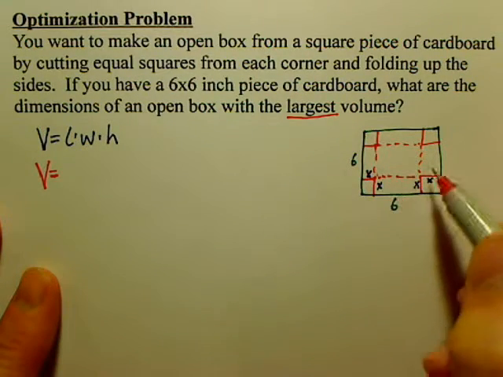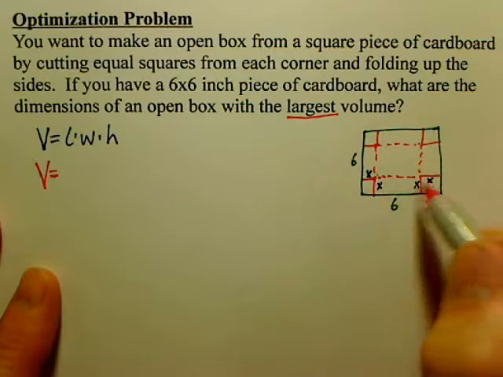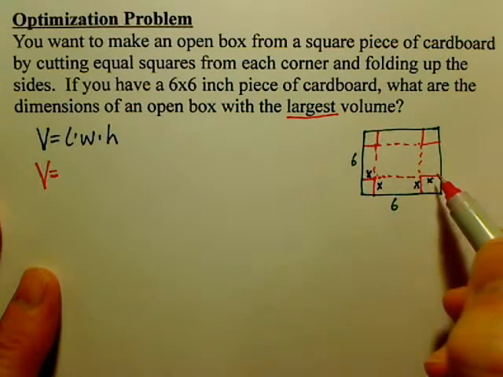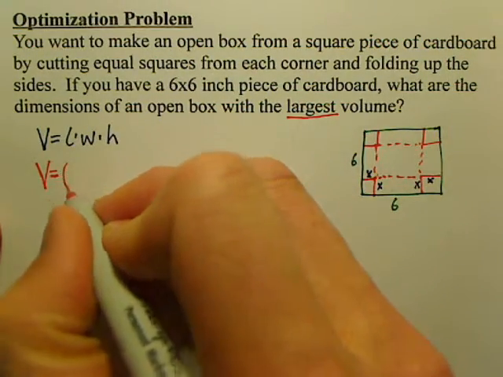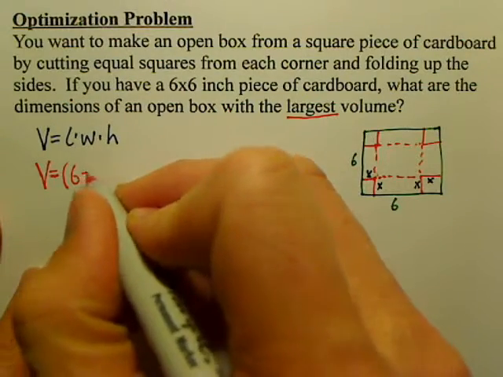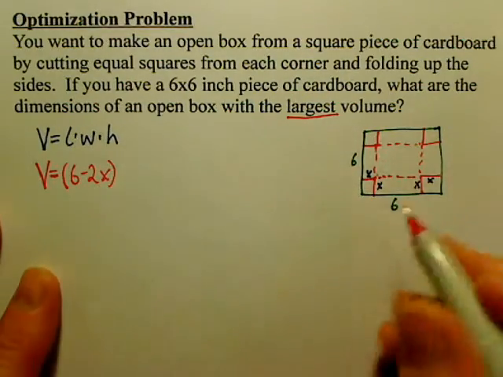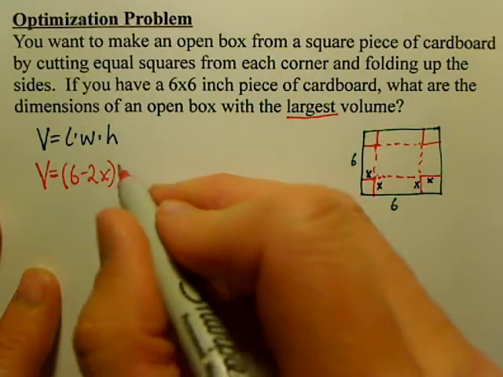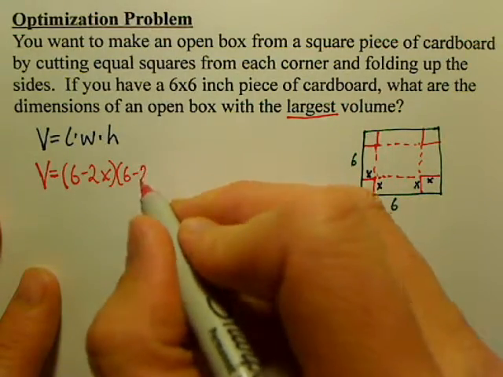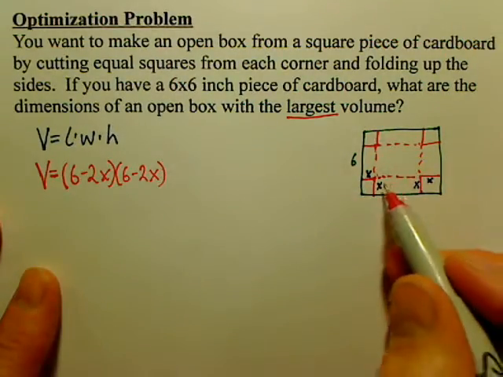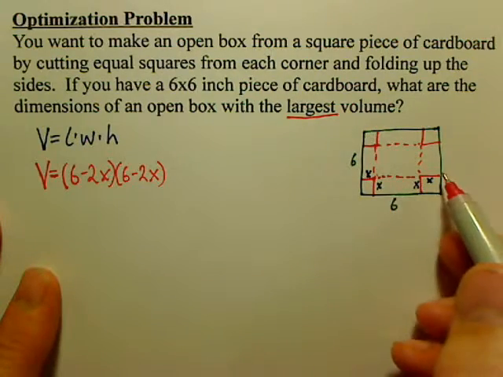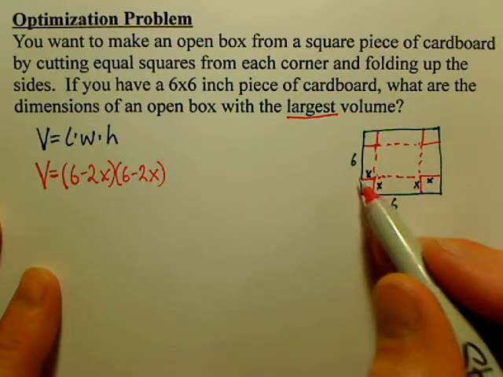Don't we have x's in all the corners? So isn't the whole thing 6 minus 2x? So aren't my length going to be the whole 6 minus 2x? And isn't my width going to be the same thing? 6 minus the 2x. So both these sides are going to be the whole thing minus the 2x.